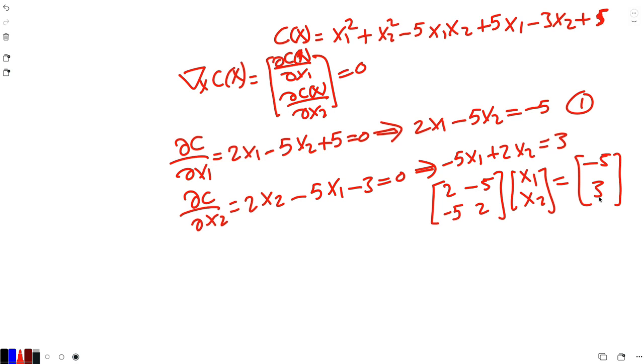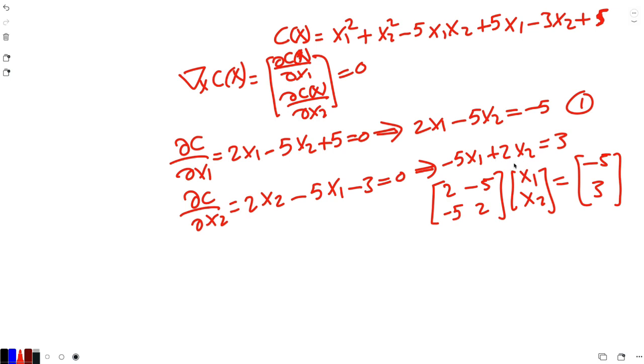It is clear that this matrix A is a non-singular matrix, which means that it has an inverse, because the determinant is not 0: 2 times 2 is 4, minus 5 times 5 is 25, so it is not 0. Of course you can do it easily by hand with substitution.